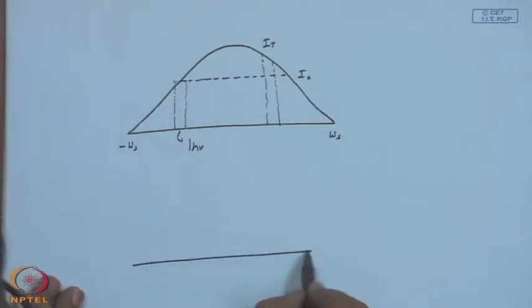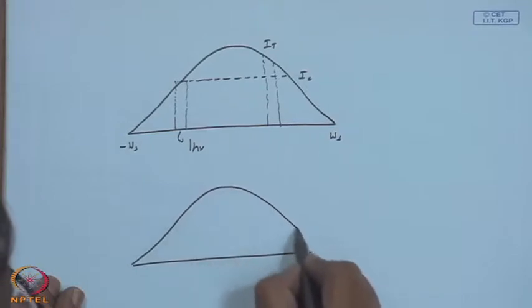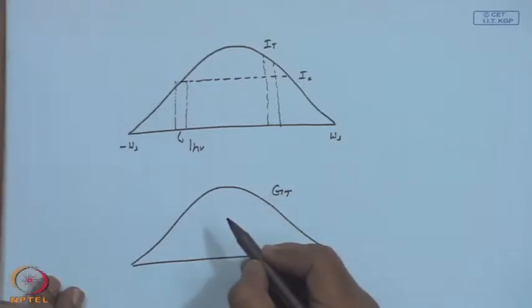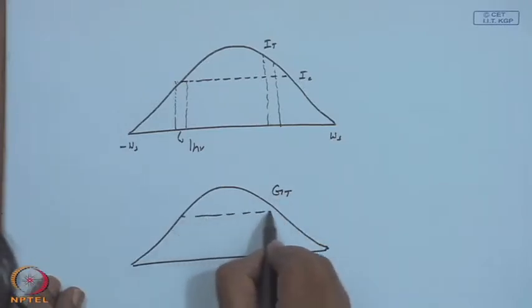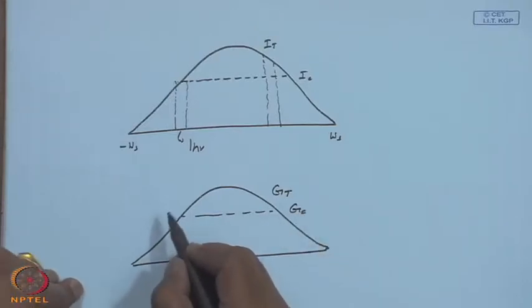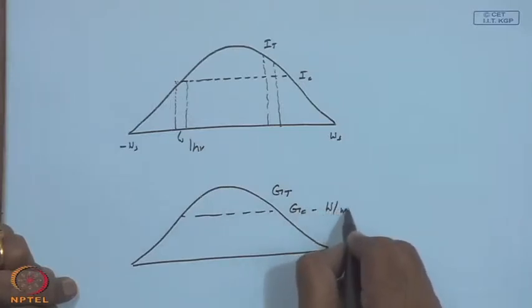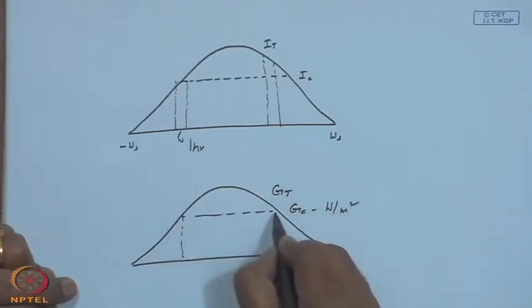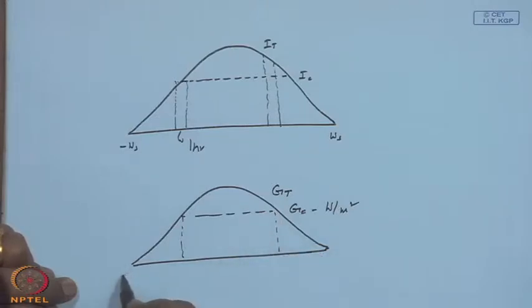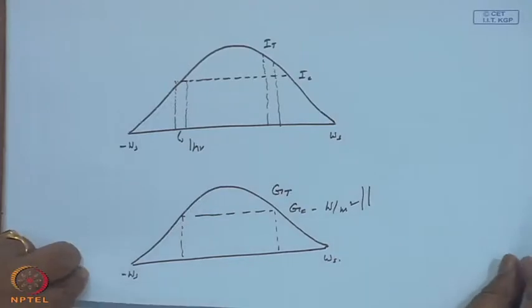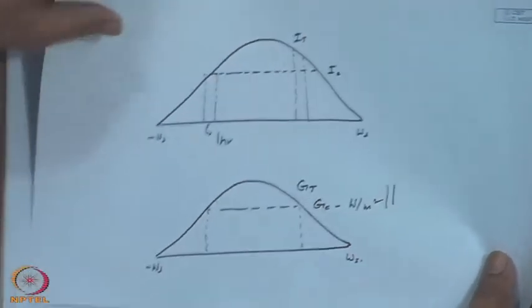Alternately, you can call it G t, the intensity on the tilted plane, to G c, the intensity at the critical level. Then this will be in watts per meter square, which is nothing but the ordinate over here. All right. We shall not go into this, because the practical way of calculating utilizability will be with hourly data, because that is more or less the smallest time scale that is available to us.